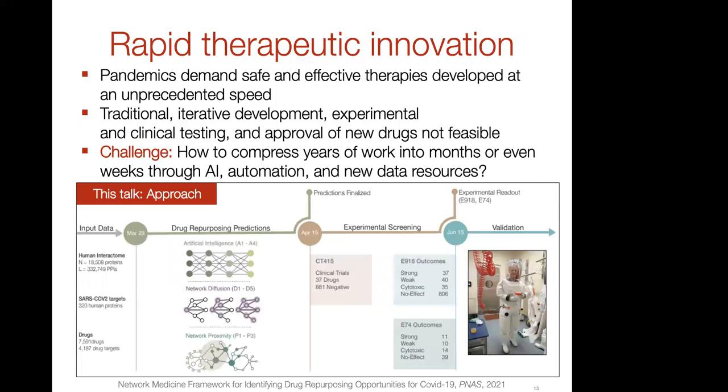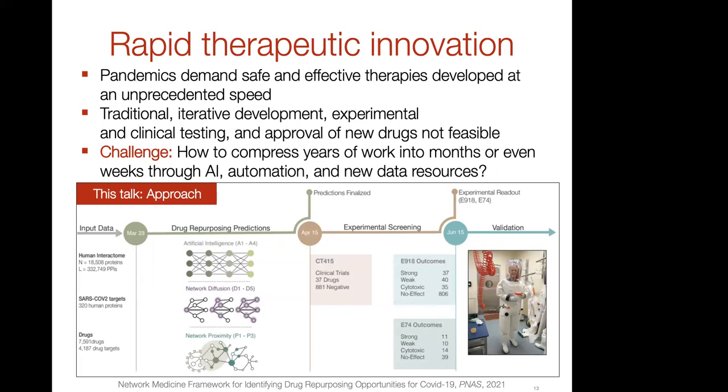So for this first application, the motivation originates from the need for rapid, effective, and safe therapeutics developed at incredible speed to tackle some of the challenges that the COVID pandemic has brought.